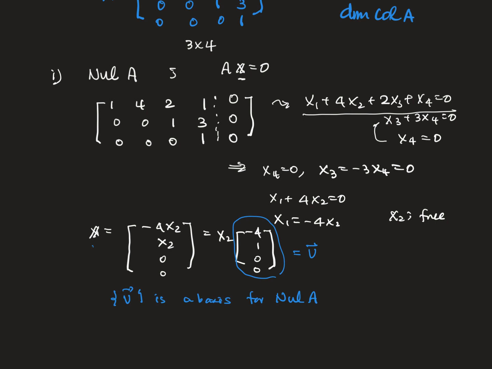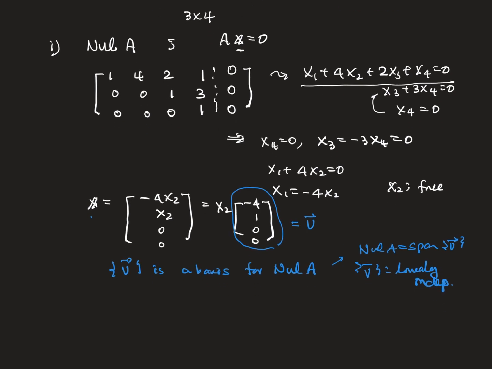There is only one vector, which is linearly independent. So we check that the null space of A is the span of v, and v is linearly independent, of course. So the dimension of the null space of A is 1. Guys, make sense? That's how I find it.